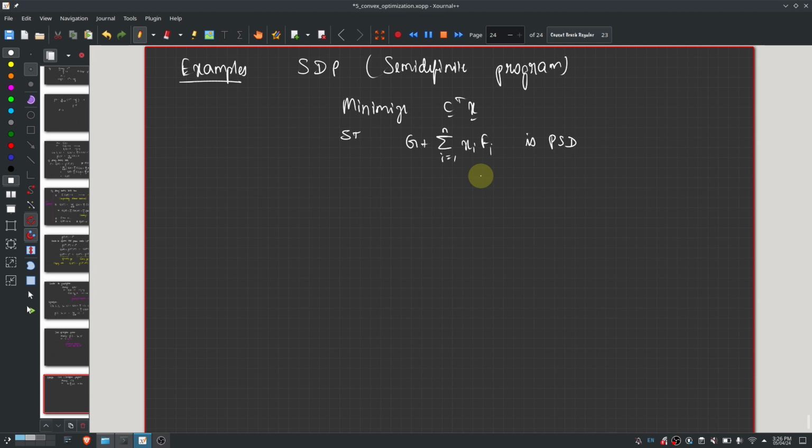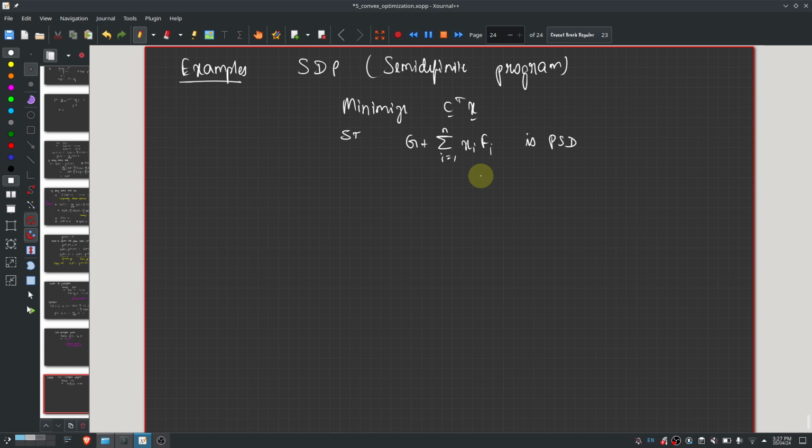And this positive semi-definiteness arises out of physical constraints. So in random processes, have you encountered positive semi-definite matrices anywhere? Covariance matrices, right? Covariance matrices are always positive semi-definite, and this is one class of examples where you will have such constraints.